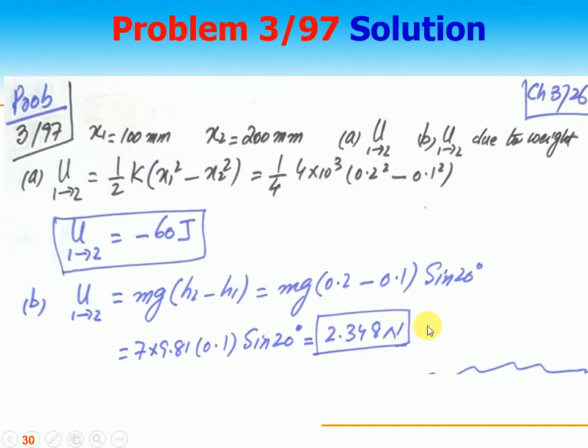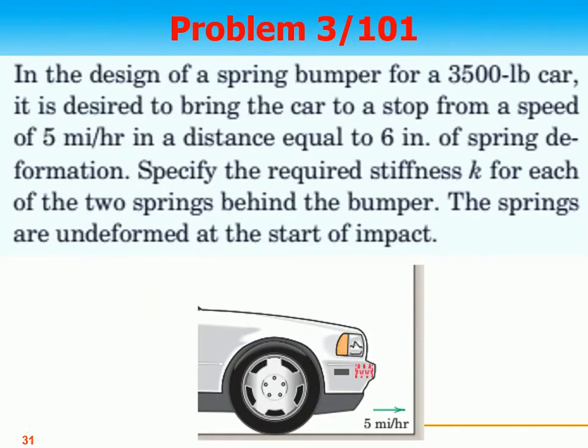Thank you. Next, move to problem 3-101. In the design of a spring bumper for a 3,500 pound car, it is desired to bring the car to a stop from a speed of 5 miles per hour in a distance equal to 6 inches of spring deformation. Specify the required stiffness k for each of the two springs behind the bumper.